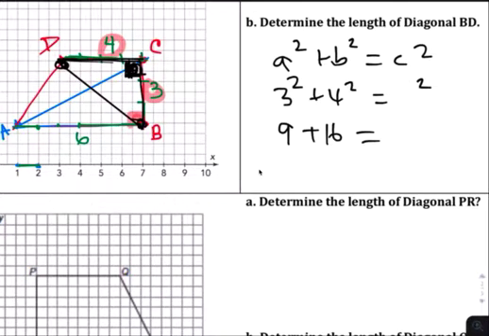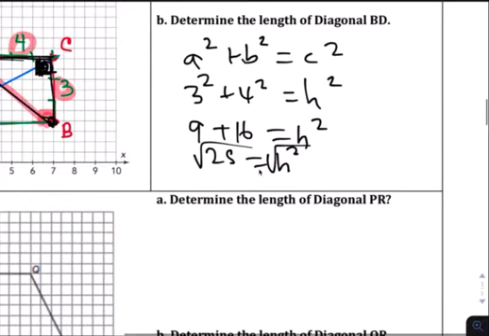Let's put hypotenuse, because I need you to remember that this line is called the hypotenuse. 25 equals the hypotenuse squared. Take the square root of 25, the hypotenuse, or BD, is 5.